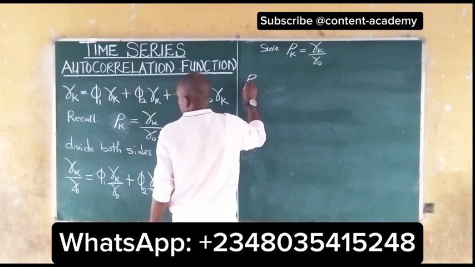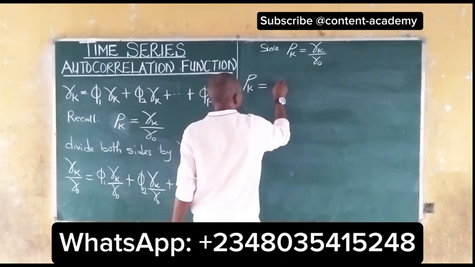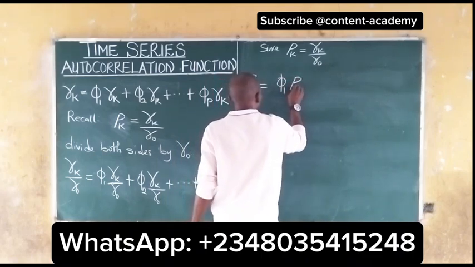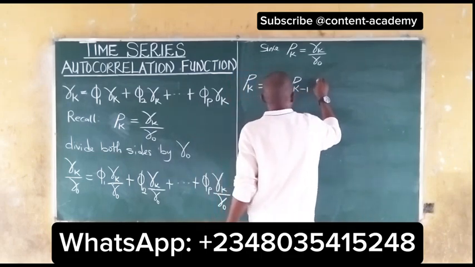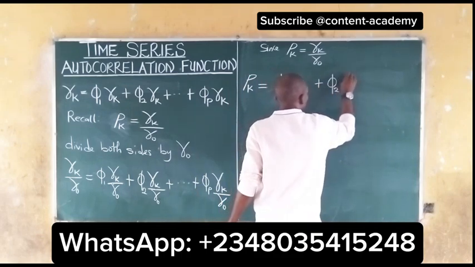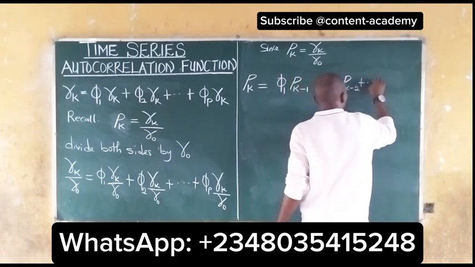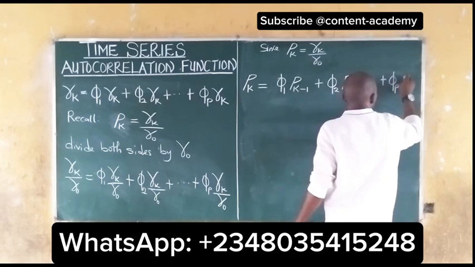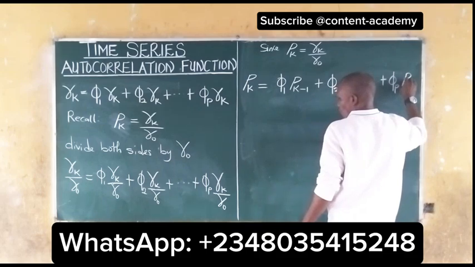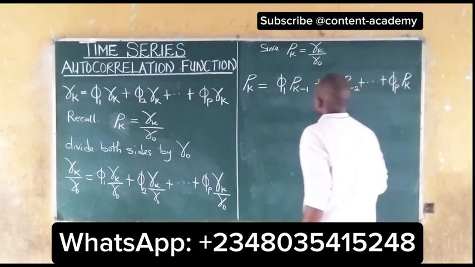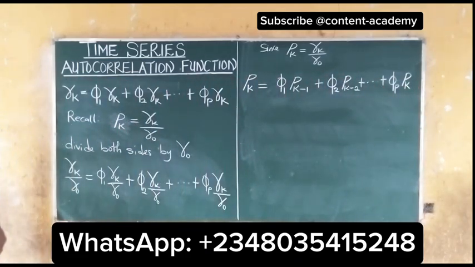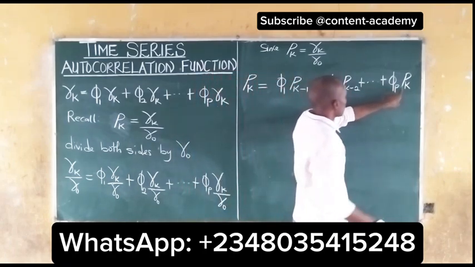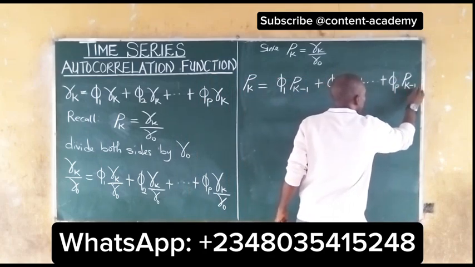So our autocorrelation function rho k will now be equal to phi 1 rho k minus 1 plus phi 2 rho k minus 2 plus phi p rho k minus p. So that's what we get.